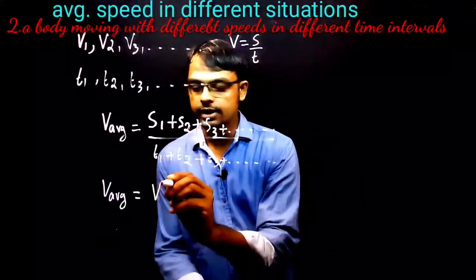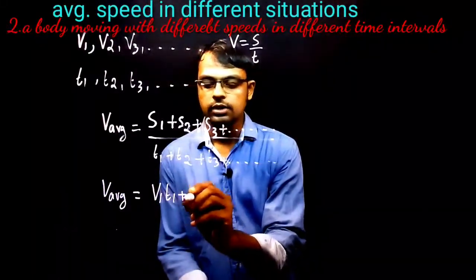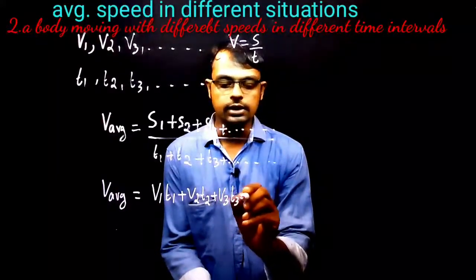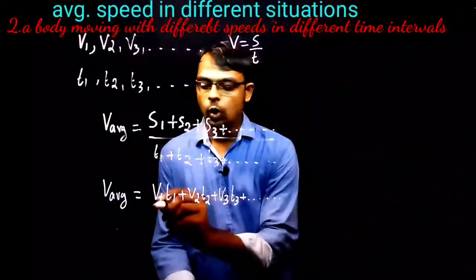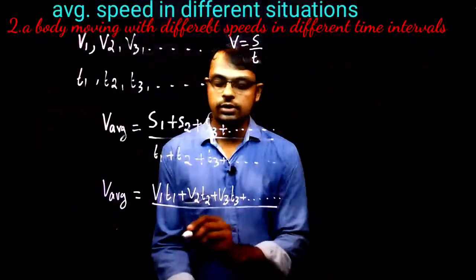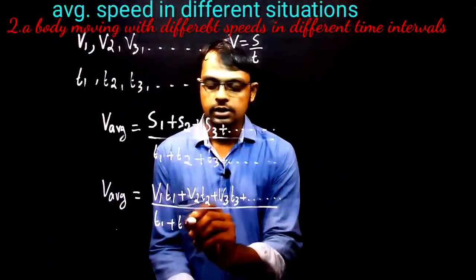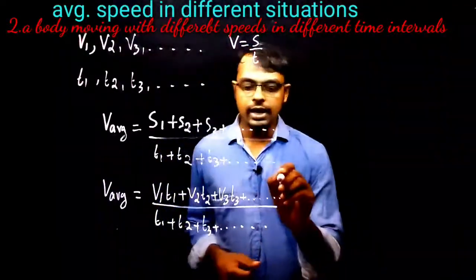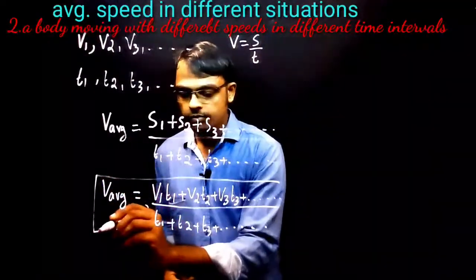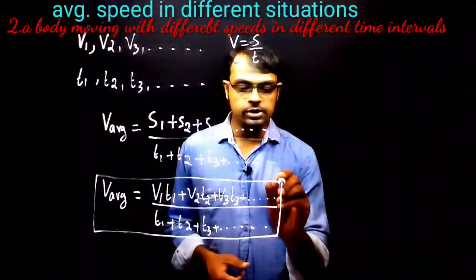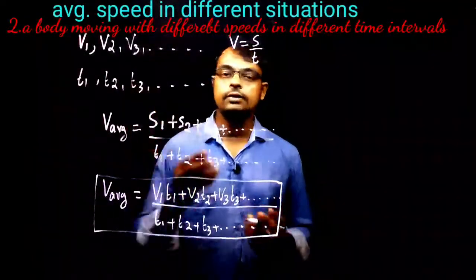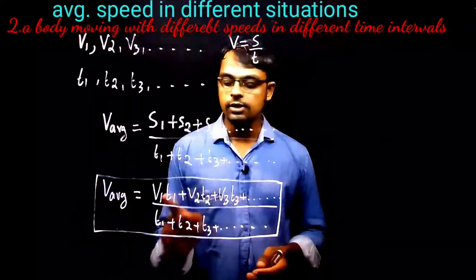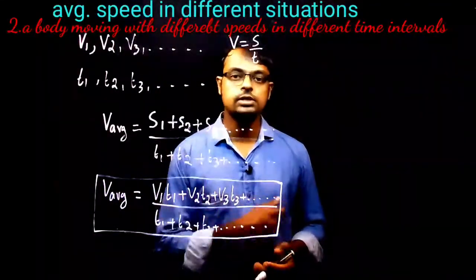We can write it as V1 T1 plus V2 T2 plus V3 T3 plus etc., all divided by the total time, T1 plus T2 plus T3 plus etc. So what is the average speed if a body is traveling with different speeds in different time intervals? The formula is V1 T1 plus V2 T2 plus etc., divided by T1 plus T2 plus T3 plus etc.